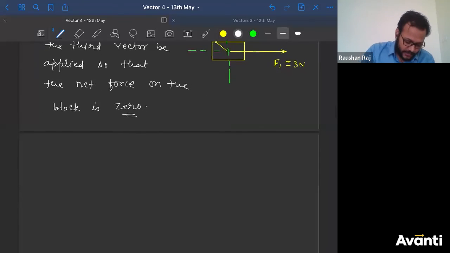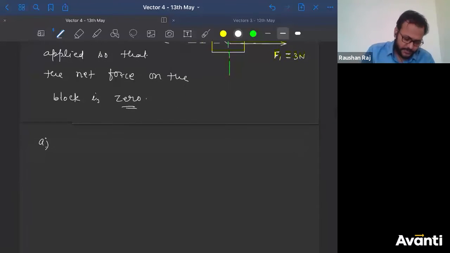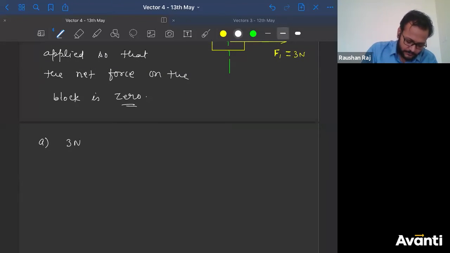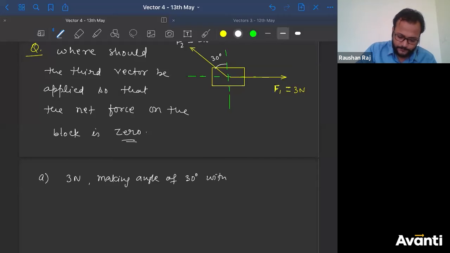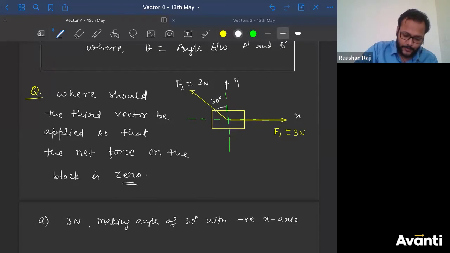ठीक है? And if you ask me to give you the options, let me give you the option. Yeah, so option are 3 Newton and direction जो है वो है making an angle of 30 degree with negative x-axis. ये है हमारा positive x-axis and this one is positive y-axis.